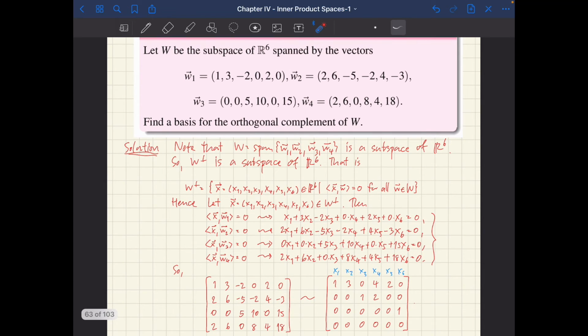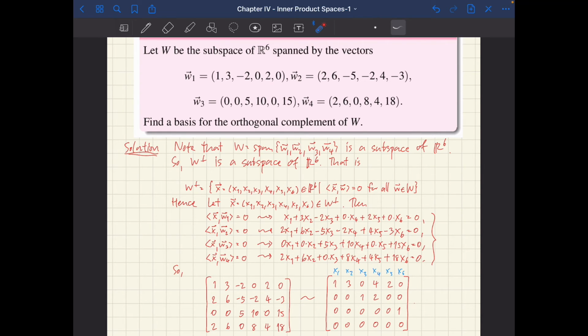It means that W perp is the set of six-tuples (x1, x2, x3, x4, x5, x6) such that the inner product of x with any vector in W is equal to 0.